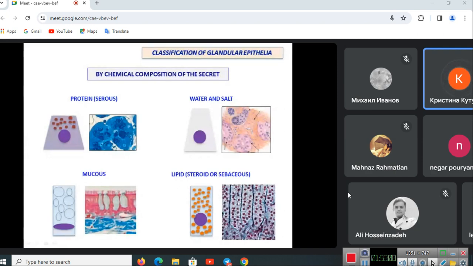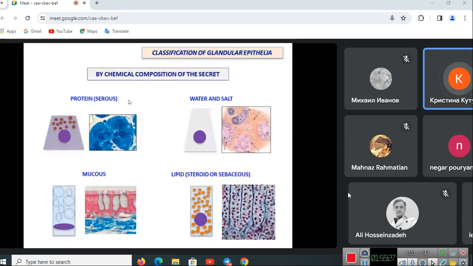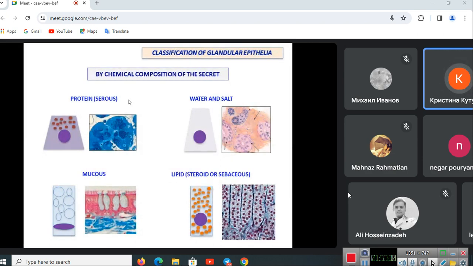It stays pale. Examples of such cells: the protein producing cell is, for example, located in salivary glands, which produce saliva in our mouth. Saliva has in its composition some proteins such as antibacterial proteins, such as lysozyme and lactoferrin.